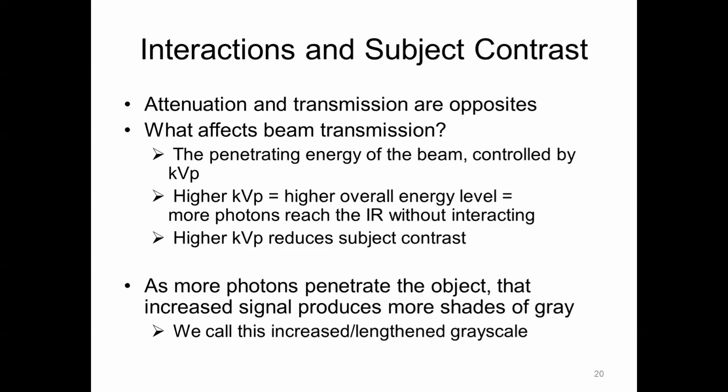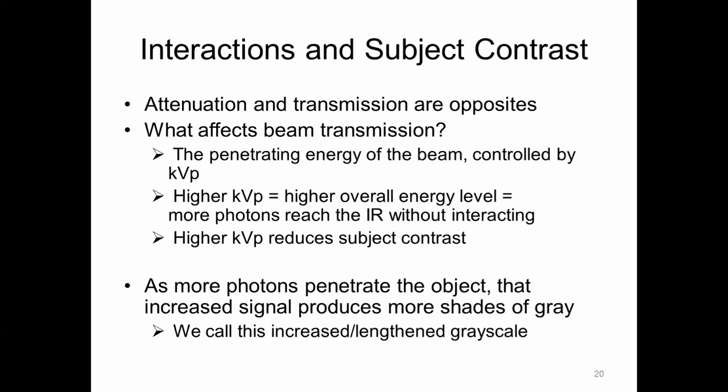Primarily, it's the energy of the X-ray beam. Penetrating energy, the penetrability, also called the X-ray quality, and that is controlled by you, the technologist, when you set the kVp.